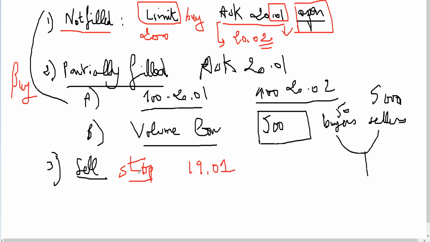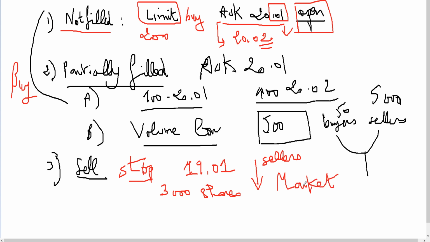Now, if your stop is 1901 and you have, let's say, 3,000 shares to sell, if the stock is going down so fast because there are a lot of sellers or short sellers, when it reaches 1901, it will become what we call a market order. Now, a market order gives you any price that it is in the market.